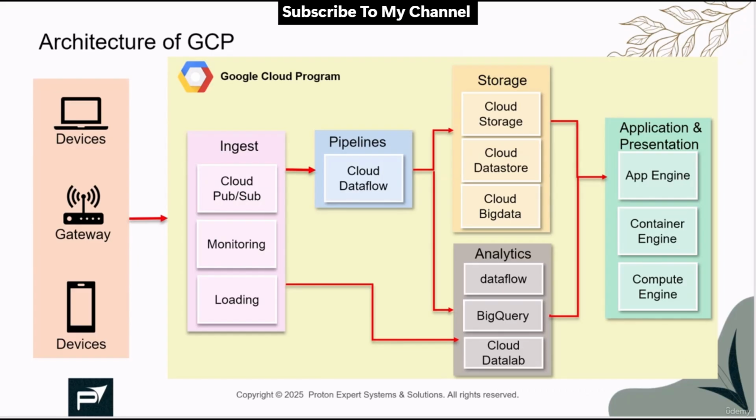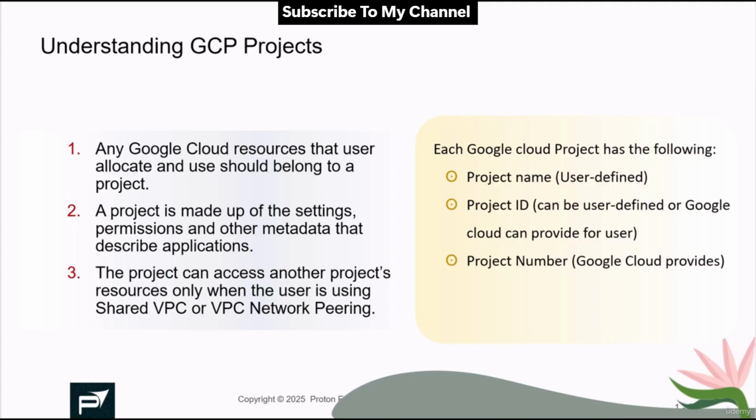Let's see what are GCP projects. Any Google Cloud resources that user allocate should belong to a project. A project is made up of the settings, permissions, and other metadata that describe applications. The project can access another project's resources only when the user is using shared VPC or VPC network peering.